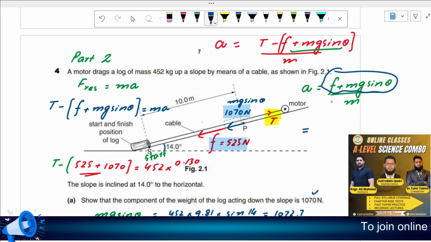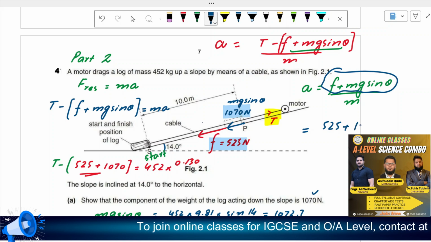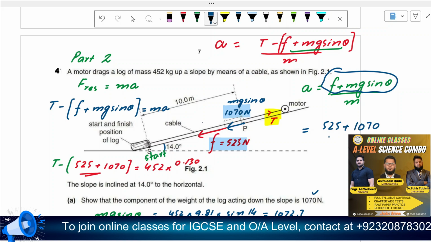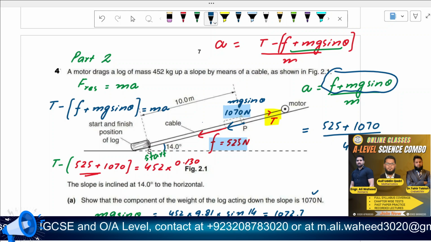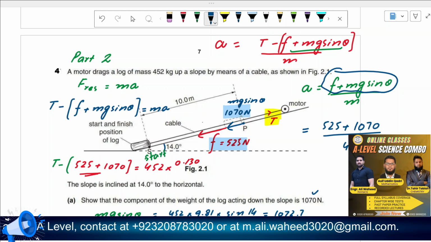But if you try to find the acceleration, friction was 525 plus this force, mg sine theta, was 1070, divided by mass, which is 452.